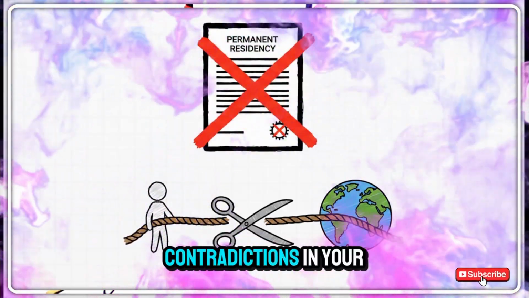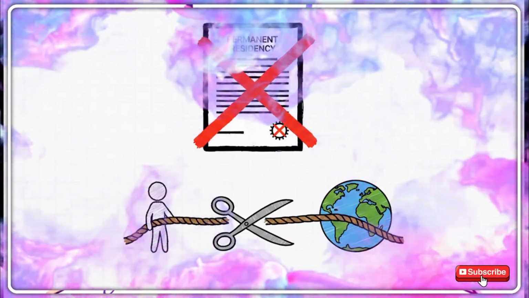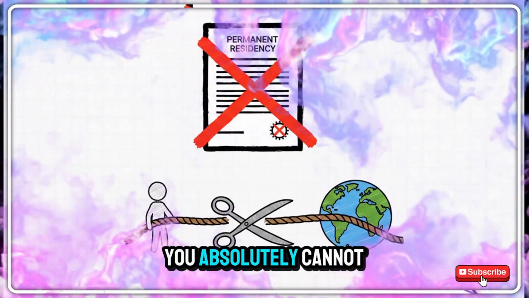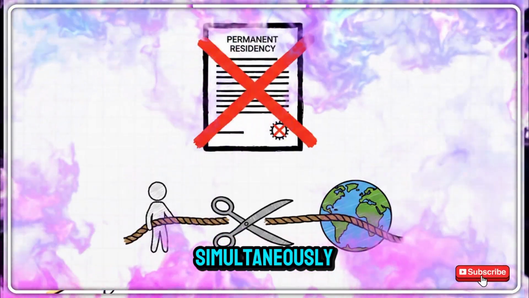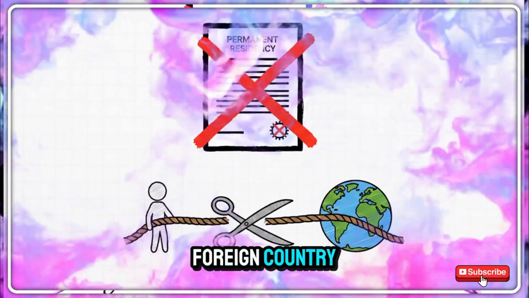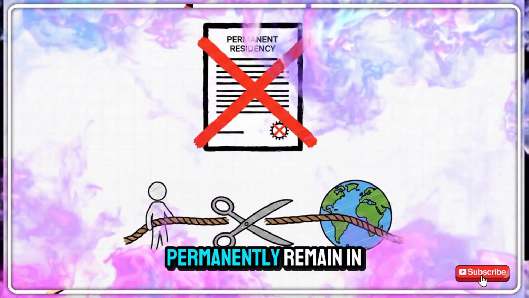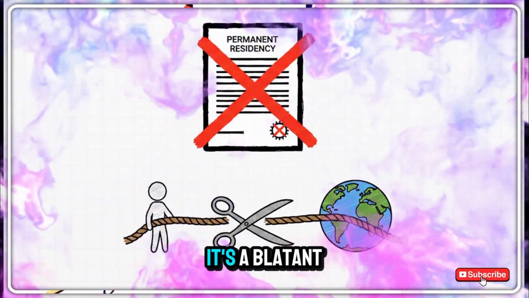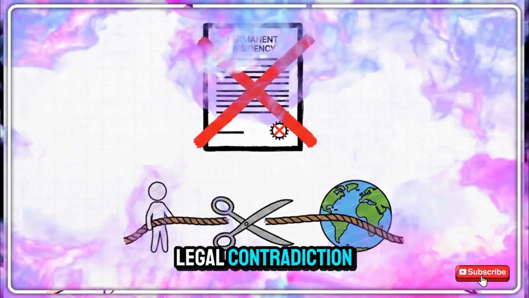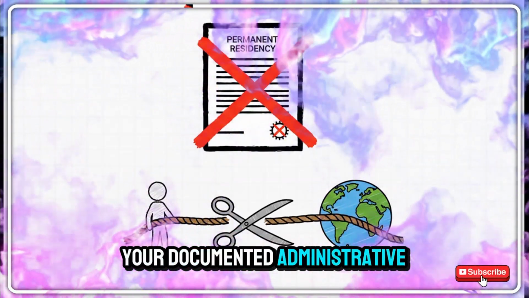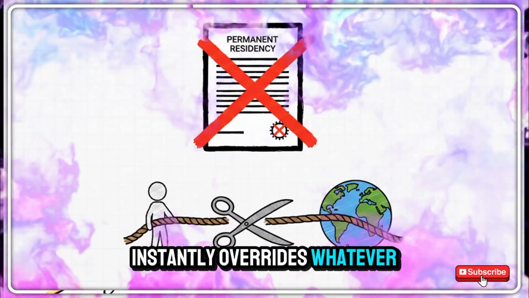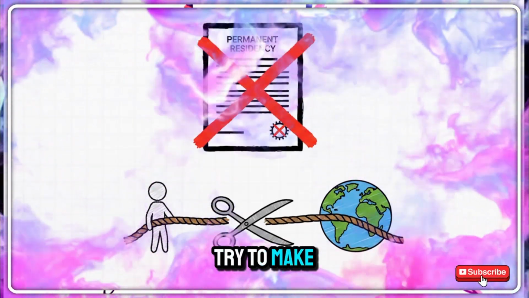Well, it's all about contradictions in your legal posture. In the eyes of the system, you absolutely cannot simultaneously claim a closer connection to a foreign country while simultaneously filing paperwork that indicates your intent to permanently remain in the domestic one. It's a blatant legal contradiction. Your documented administrative intent instantly overrides whatever physical presence arguments you might try to make.